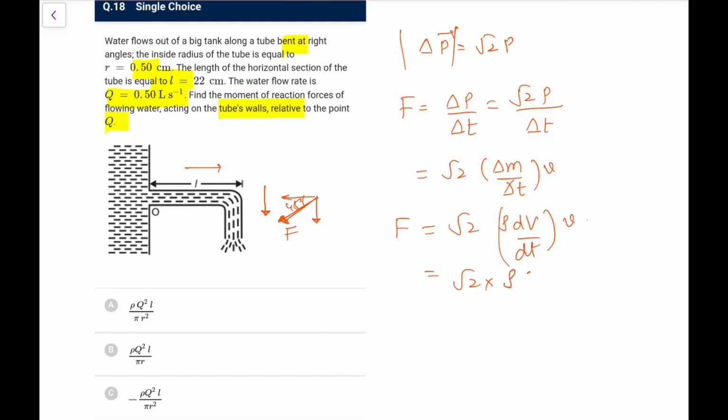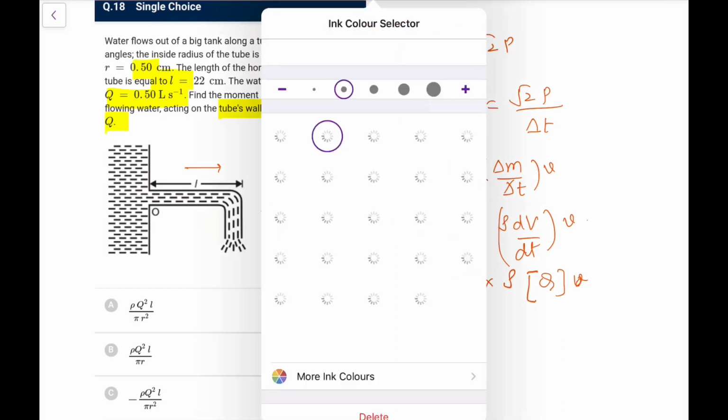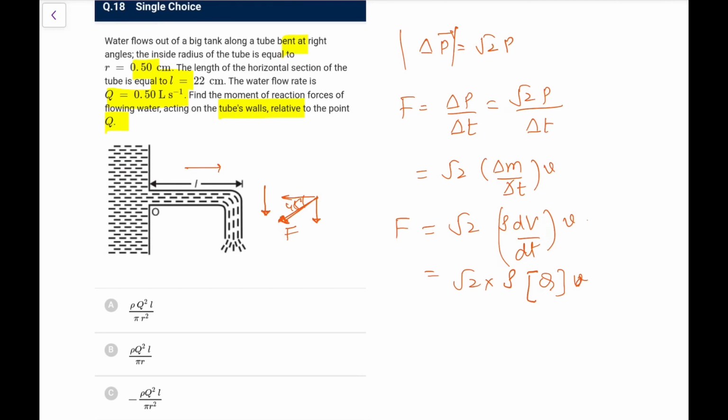So rho, and dV by dt is what I can say Q, and this is V. So value of V I can write as Q by A because the volumetric flow rate is A into V. So let me rewrite it. Remove this V. This will become Q by A. A is pi r square. So this is what we have got now.